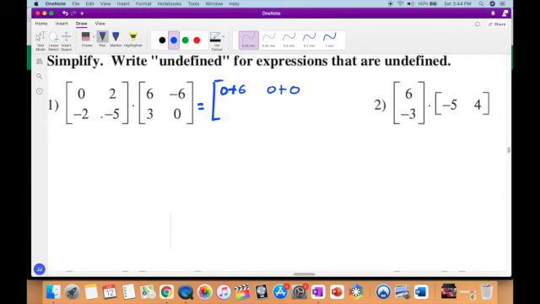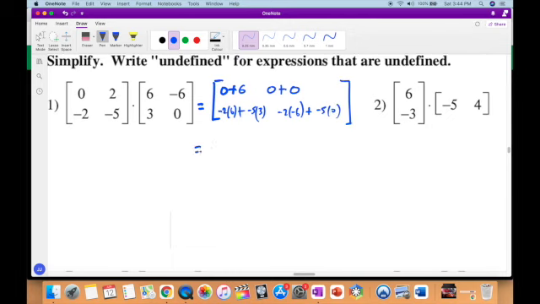And now I'll take this underneath row and multiply it by the first column, right? So negative 2 times 6, plus we have negative 5 times 3. And now we'll take this underneath row and multiply it by this second column, so negative 2 times negative 6, and then plus negative 5 times 0.